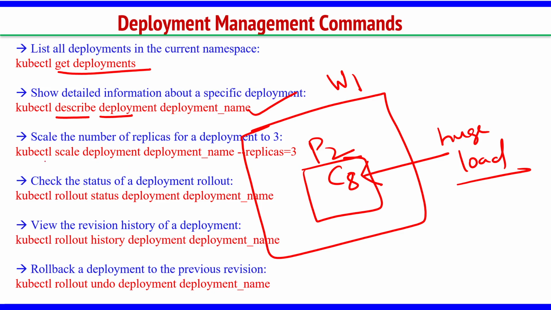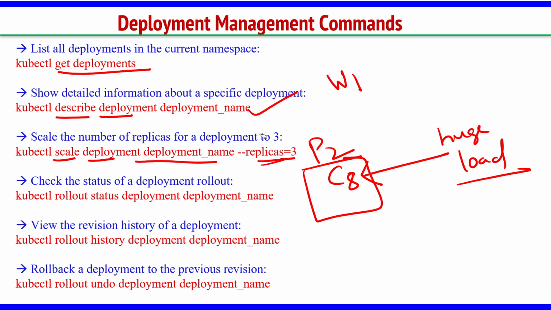For that, kubectl scale deployment name, through which deployment we are accessing it, --replicas=3. If you see the command here, it is --replicas=3. So it will make 3 different replicas. Then check the status of the deployment rollout.